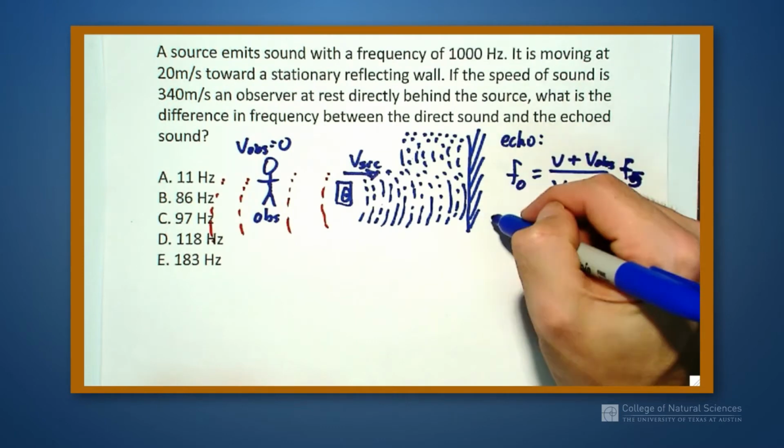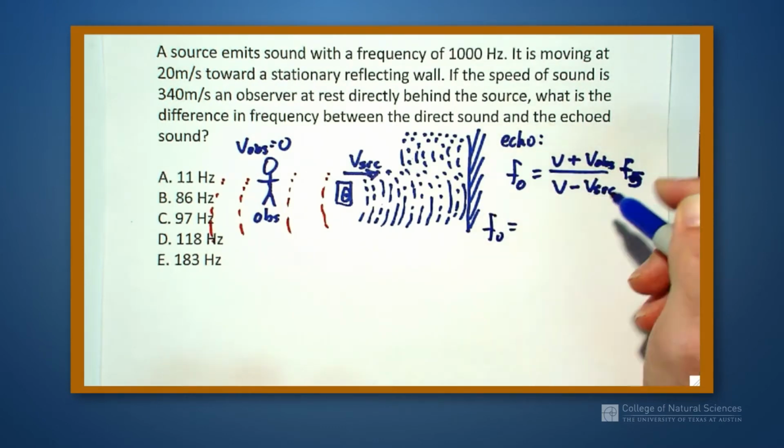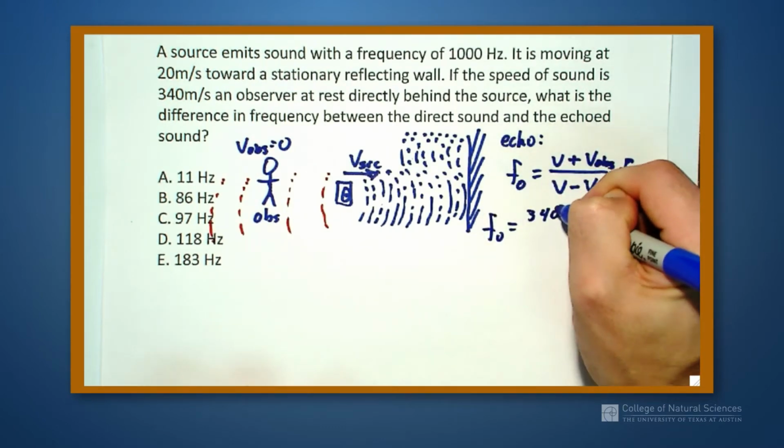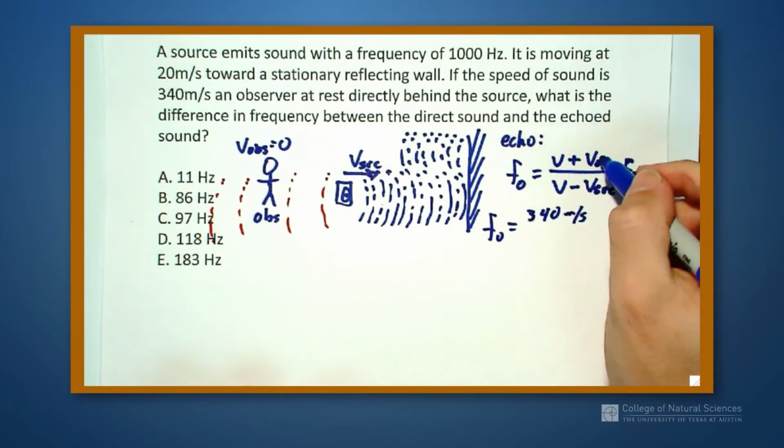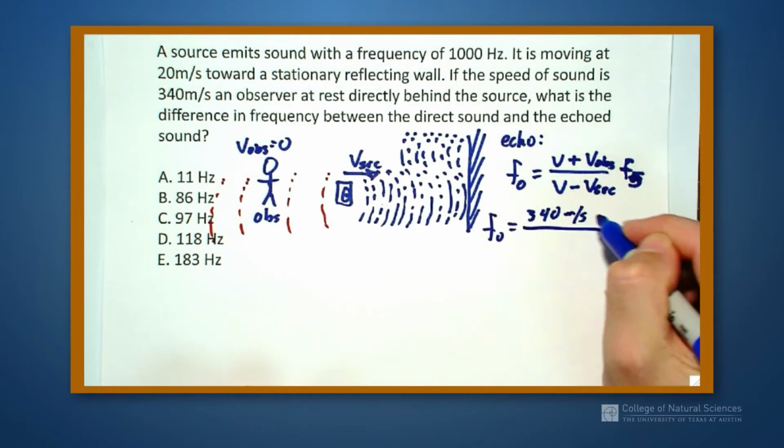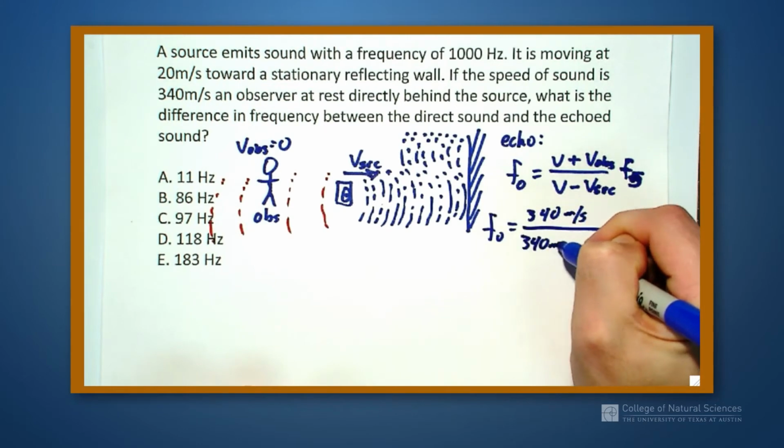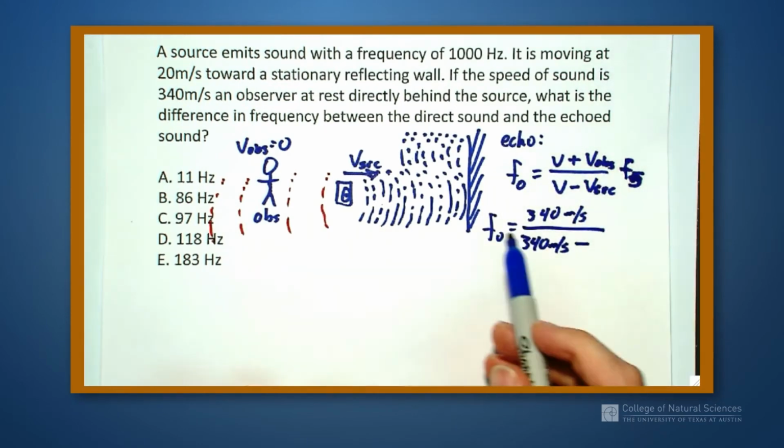So when I calculate this out, I have f0 equal to 340 meters per second, my observer has zero speed, divided by 340 meters per second minus my source.